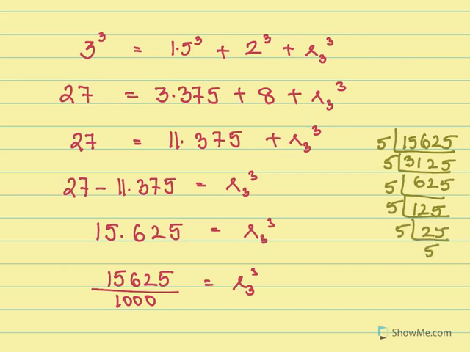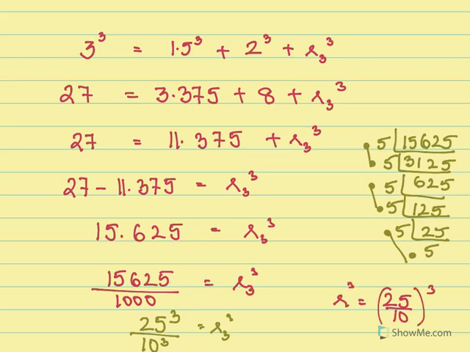So here we will have 1, 2, 3, 4, 5, 6. So now here for 125 I can write 25, here this I put together, so this will be 25 cube over 10 cube equal to r3 cube. So r equal to 25 by 10 the whole cube, r cube. So r is 2.5.